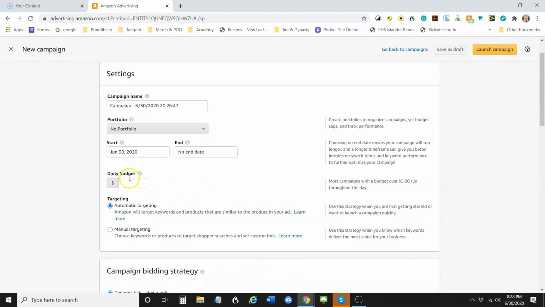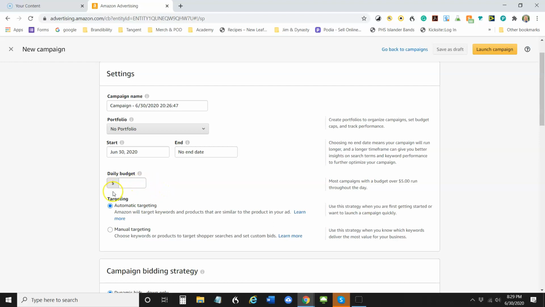Now, daily budget. Here's the thing: Amazon is not like Google or some of the other platforms. They'll use up to your daily budget throughout the month. So let's say you put $5 and they use $2 one day, the next day, instead of $5, they could use up to $8. That's math in public, isn't it?